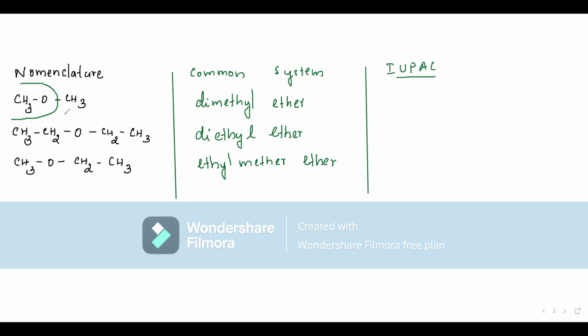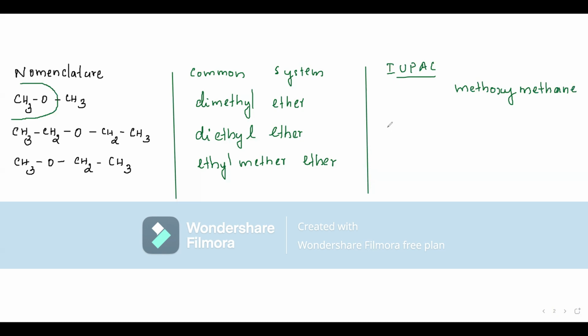Whichever group remains, without oxygen, its name is written as alkane, meaning one carbon, so the corresponding alkane is methane. So this particular example in the IUPAC system is methoxymethane.